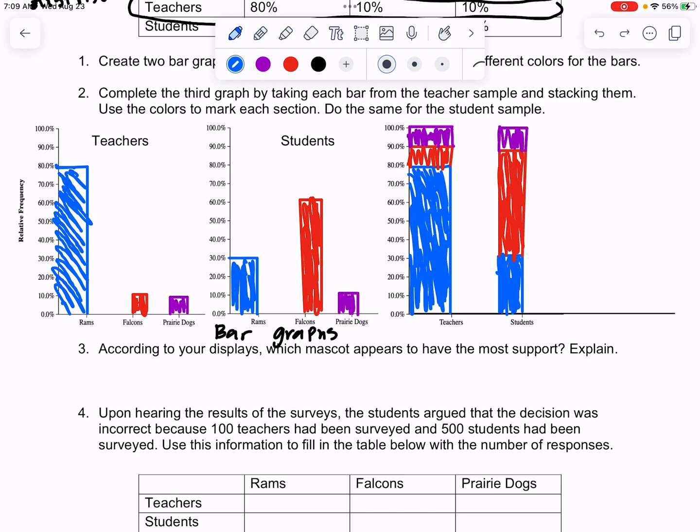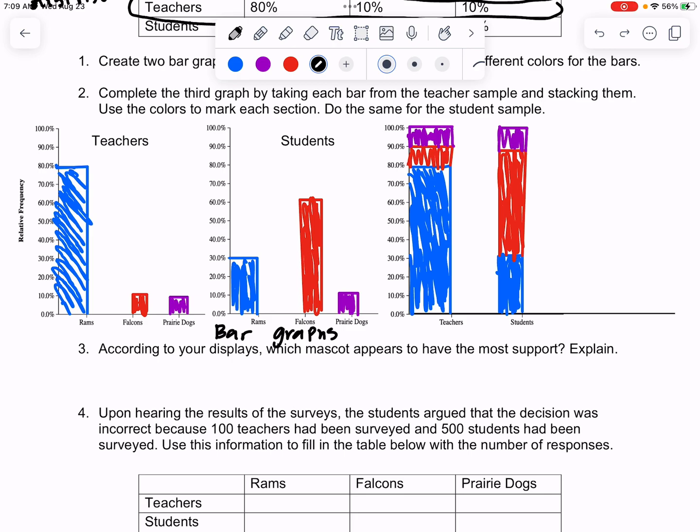And whichever one had the highest bar would be the highest. And you can kind of tell that's blue, right? So even though this one is bigger than that one, it's not as much bigger as this one is to that one. So if I stack the blue ones on top of each other, it would be higher than the red ones.